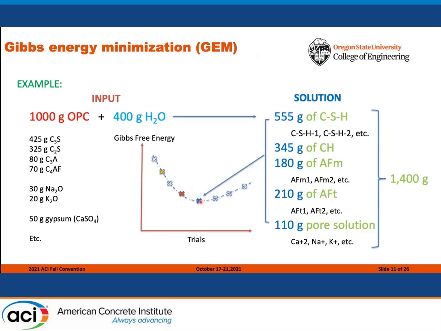So successive iterations of these calculations will give us this lowest Gibbs free energy state, for which we can assume that these compounds and pore solution composition will provide the stable equilibrium system.